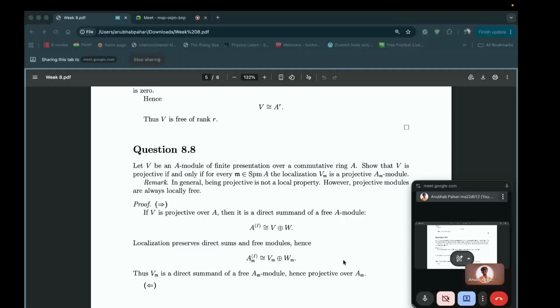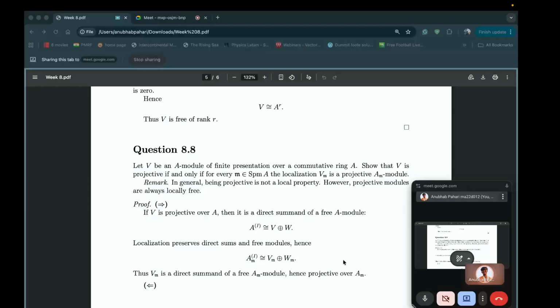If V is projective over A, then it is a direct summand of a free A-module. That implies that for some index set I, A^I is isomorphic to V direct sum W, where W is a submodule of A^I.